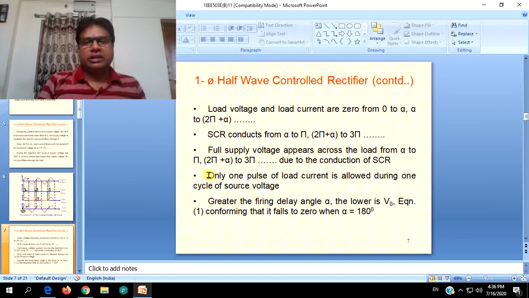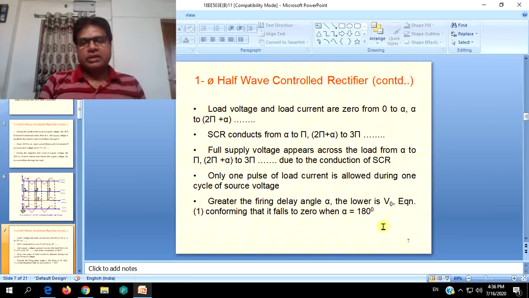So we will be calling it only one pulse of load current. Only one pulse of load current is allowed during one cycle of source voltage. In a given full cycle comprising two half cycles, we will be allowing load current to flow only during a given half cycle. Greater the firing delay angle alpha or firing angle alpha, the lower is V naught.